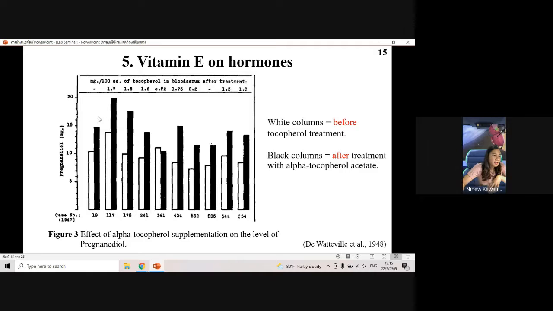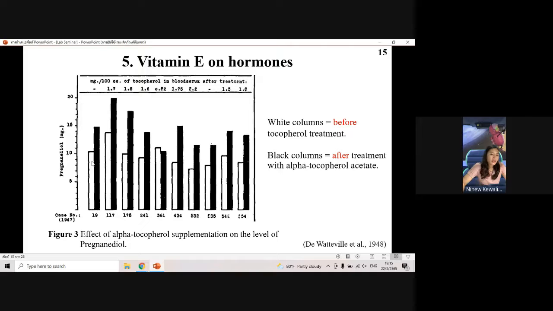This figure shows the effect of alpha tocopherol supplementation on the level of pregnanediol. Pregnanediol can show the level of progesterone.